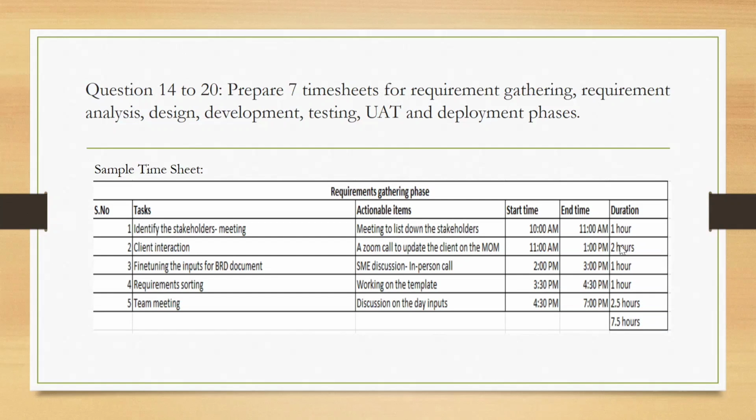So for example, on this day they have worked for 7.5 hours. So they need to mention whatever work they have done. These timesheets are not only for the BA, they are for all the people who are involved in this project.